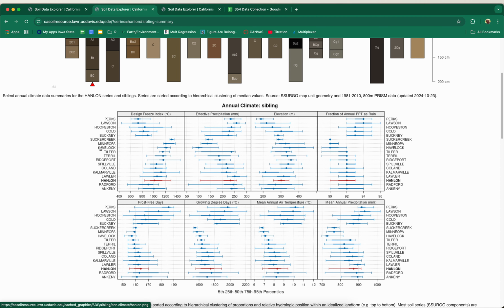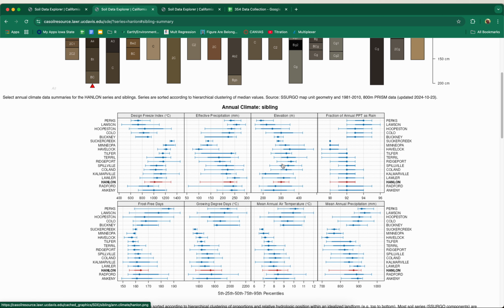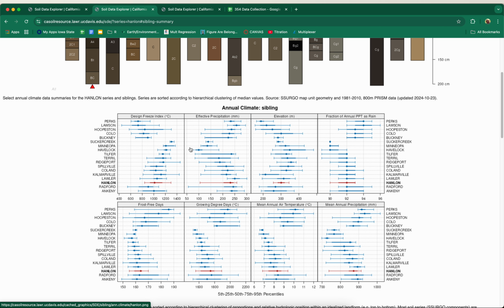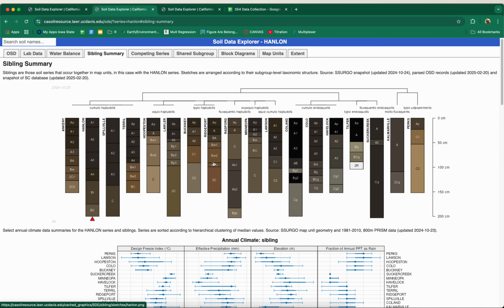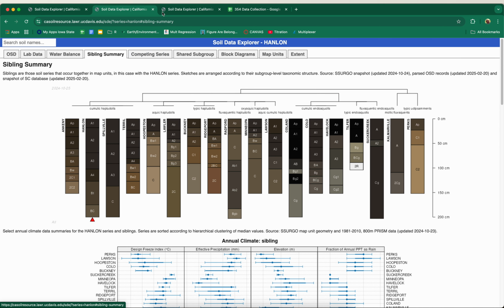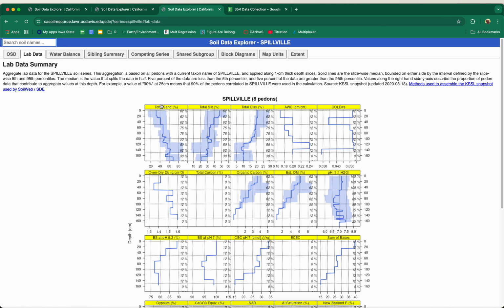We kind of go down here and look at similarities between Hamlin and Spillville. They both kind of fall in the same ranges in regard to things like elevation, effective precipitation, and so forth. So we're going to use that soil, which I've got in another tab here, which has 8 pedons, so a little more data.